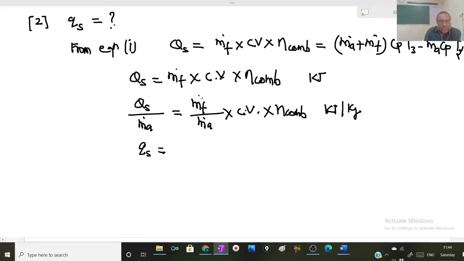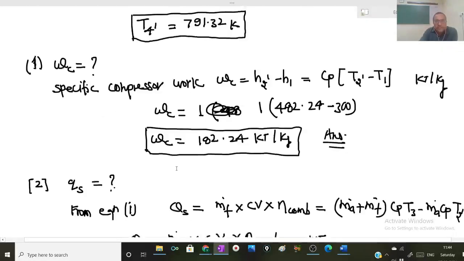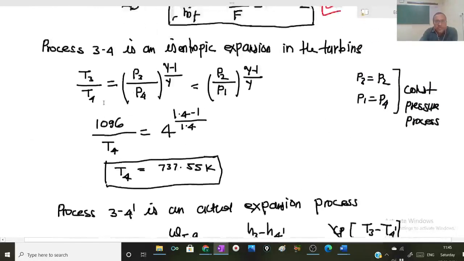This is nothing but the fuel air ratio. Cv is 41800 and combustion efficiency is 0.9. Now we have the value of the air fuel ratio as 59.52, if you remember here.